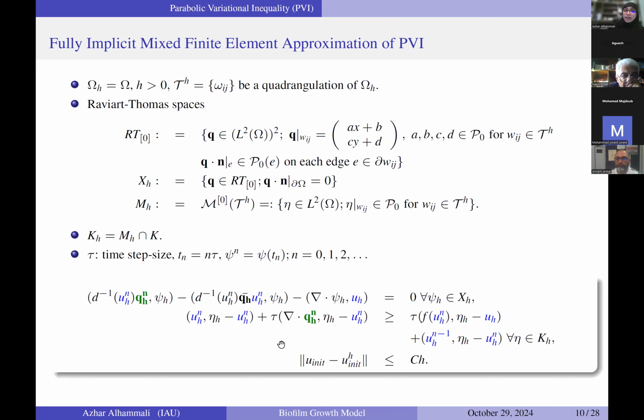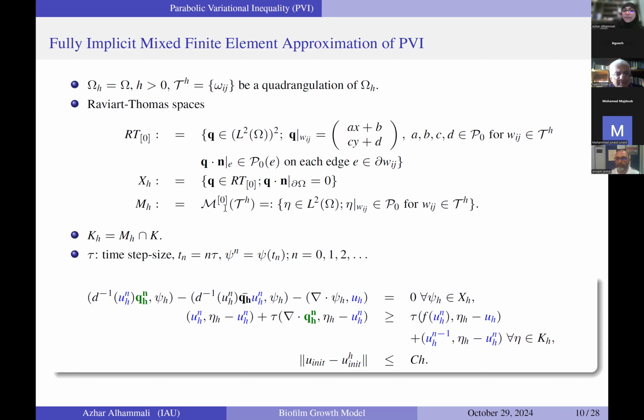So we first discretize the domain into rectangles in 2D or cubes in 3D. So this is RT0, the Raviart-Thomas space, where Q_h, the numerical solution of the flux, belongs, defined like this.